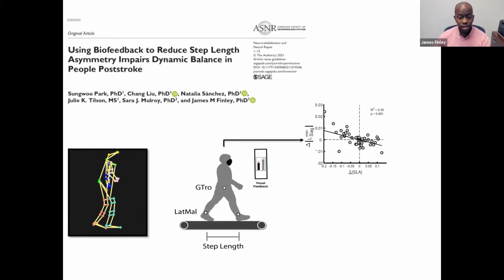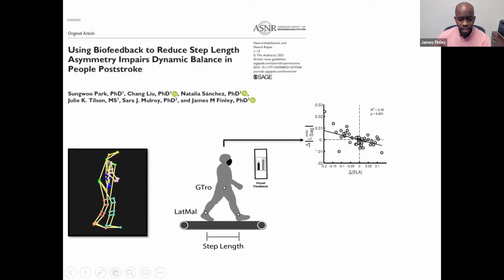And so one of the interesting things that we found from this study was if you take individuals post-stroke and ask them to walk more symmetrically, what you find for several individuals is that some measures of balance actually become worse. And so this indicated to us that some degree of asymmetry may be, let's say, desirable for individuals to feel as if they're walking in a more stable fashion.